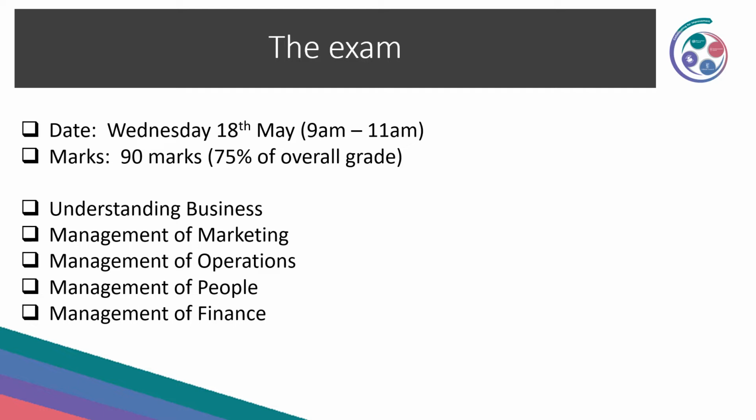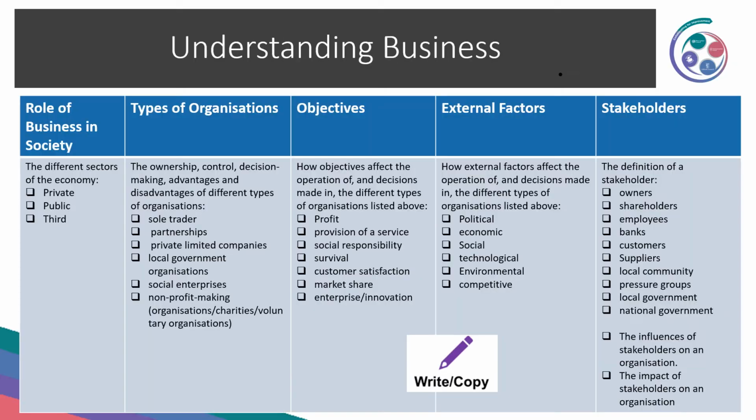Just a reminder that there are 2 case study questions, and then the rest of them are topic questions. So here's a list for understanding business, and what you can see is I've scaled it back. Let you have a little time to digest that.